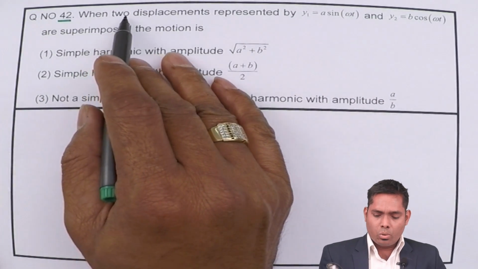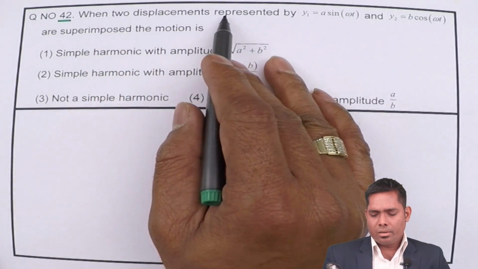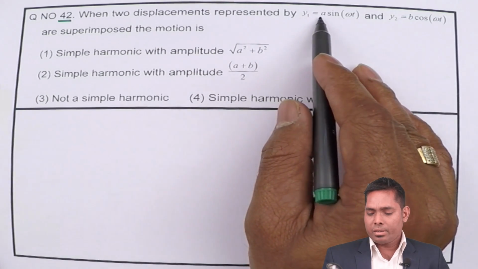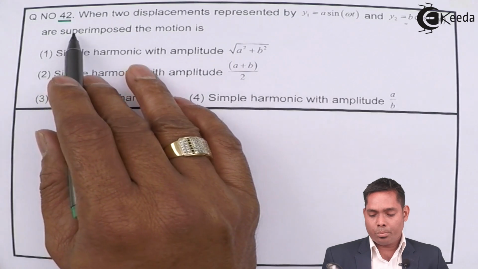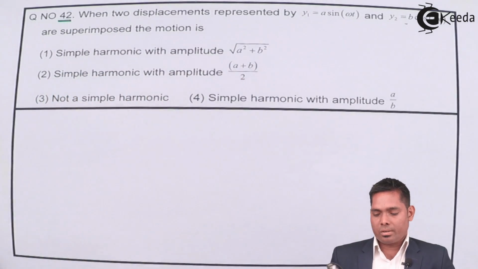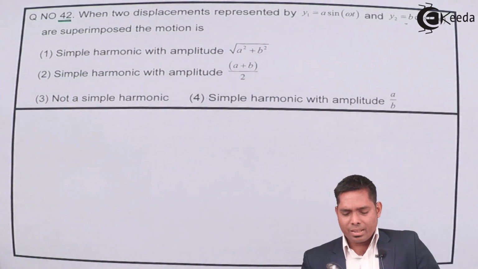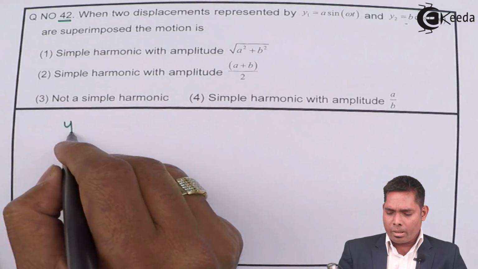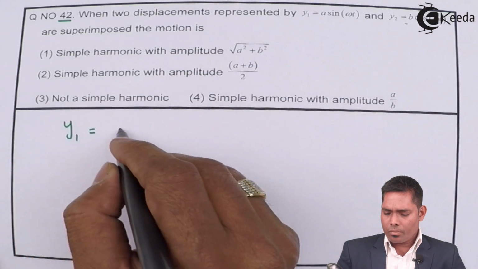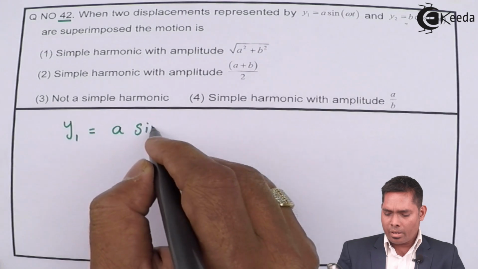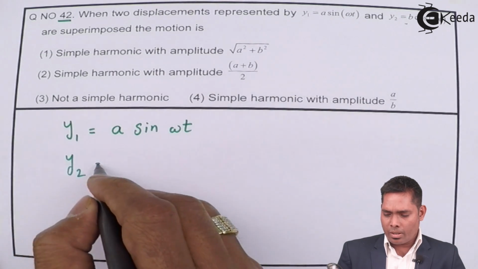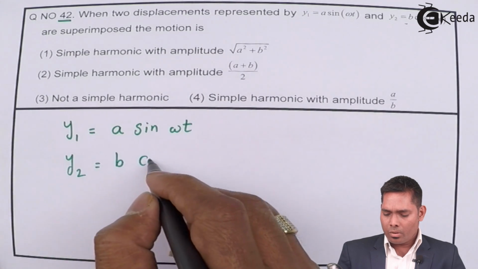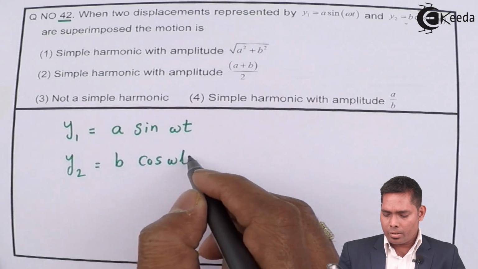When two displacements represented by y1 equals a sin omega t and y2 equals b cos omega t are superimposed, the motion is. Basically, the equation which is given is y1 equals a sin omega t and y2 is given as b cos of omega t.